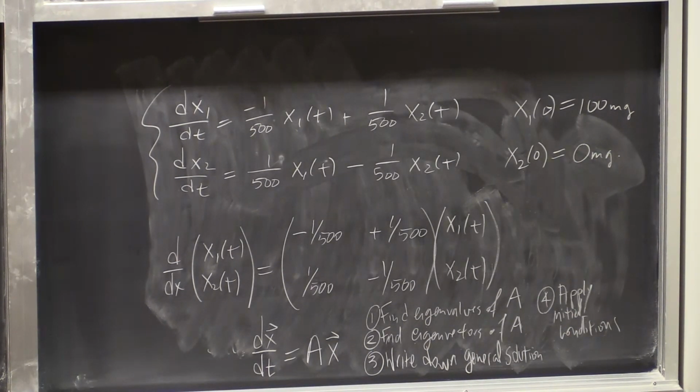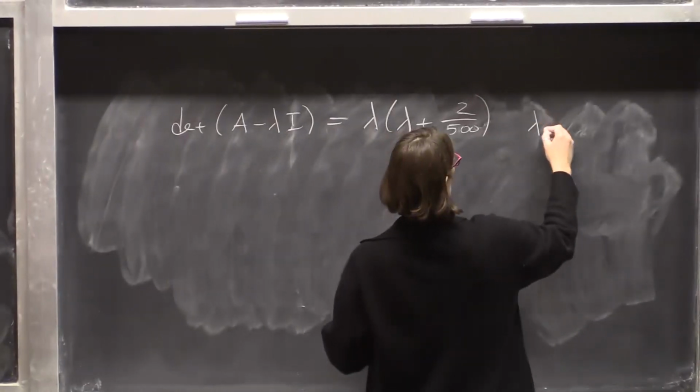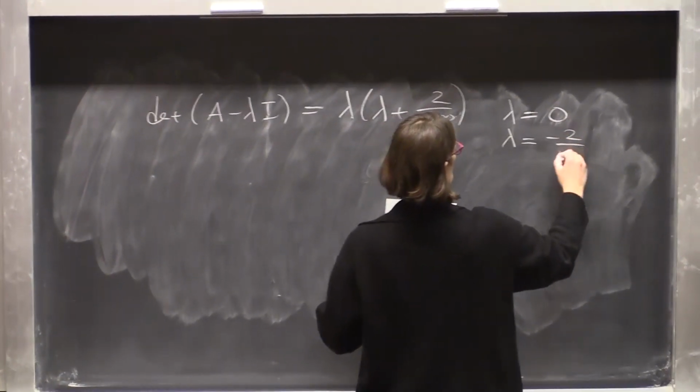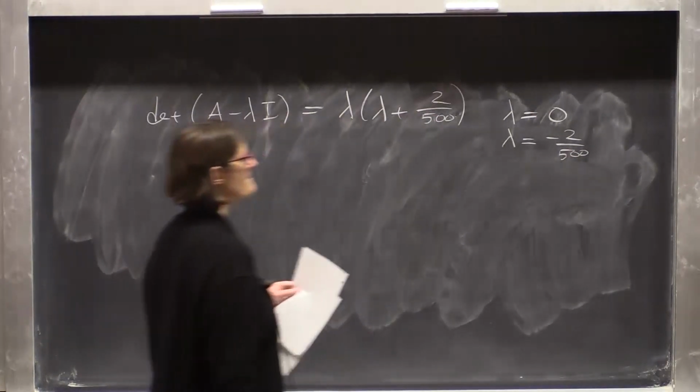Okay. So when you compute the eigenvalues, you're computing the determinant of A minus lambda I, and you end up with lambda times lambda plus 2/500. So that tells us we have one eigenvalue which is lambda 0 and another eigenvalue which is minus 2/500.